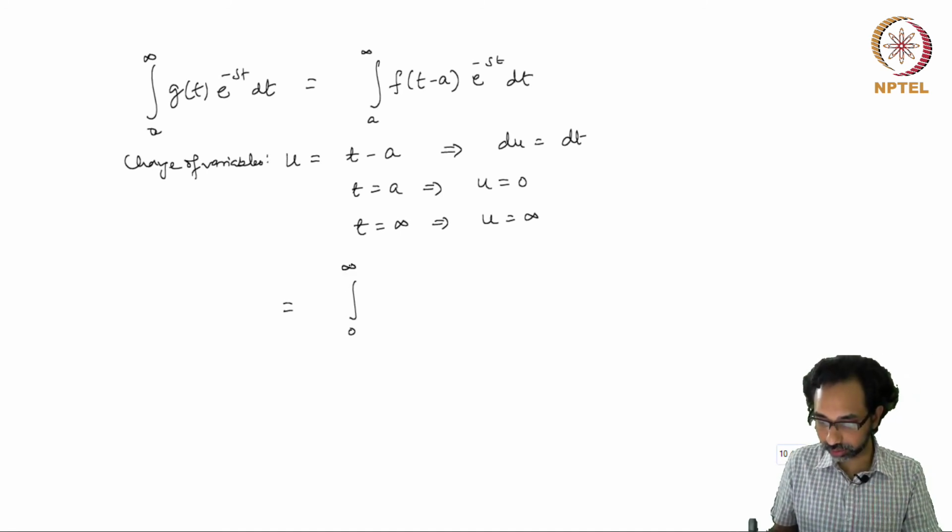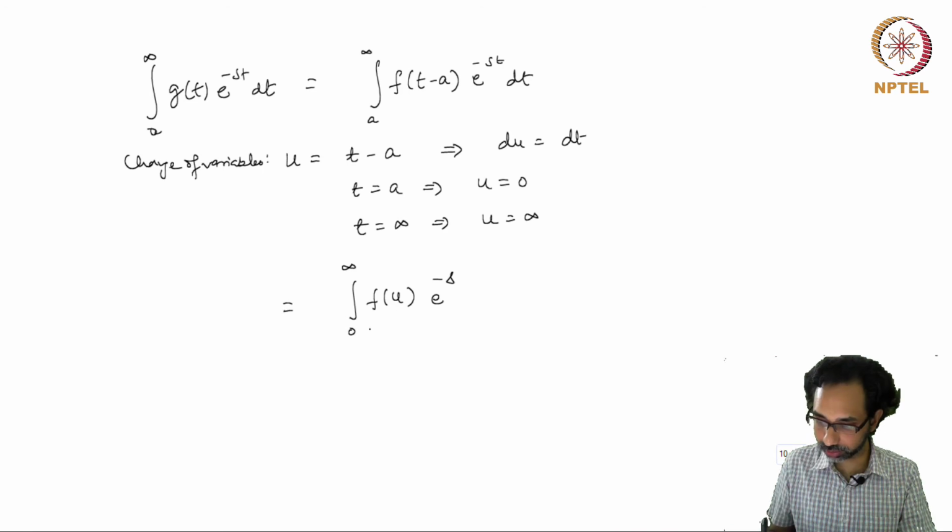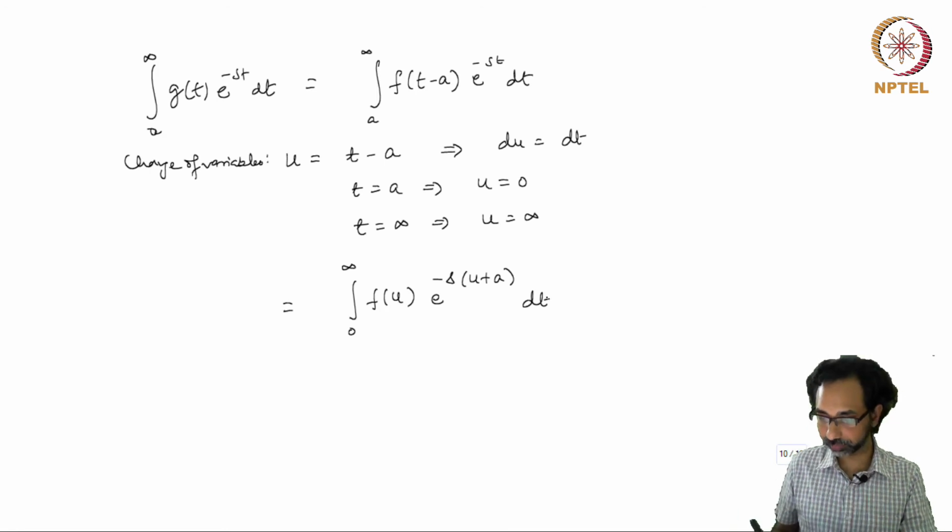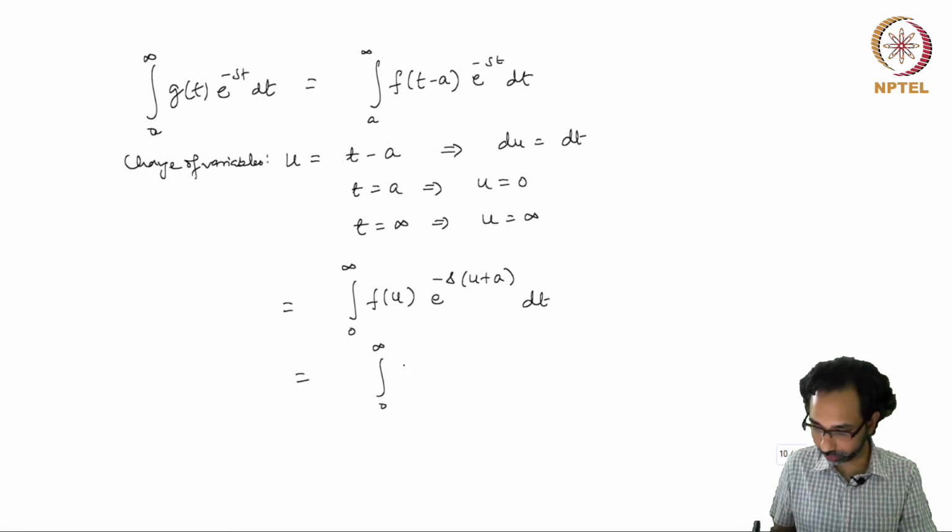So now we can write this integral as the integral from 0 to infinity of f(u) exponential of minus s times (u plus a) dt. But note that this is equal to the integral from 0 to infinity of f(u) exponential of minus as times exponential of minus su du, and now you can simply take this outside the integral.